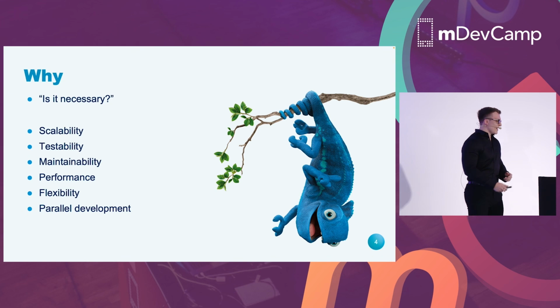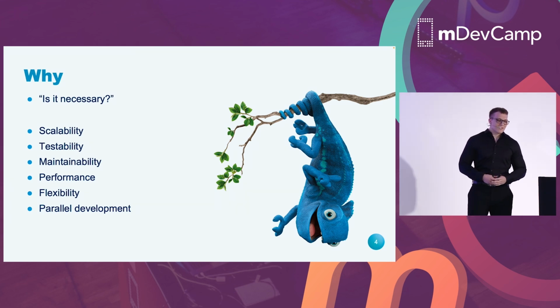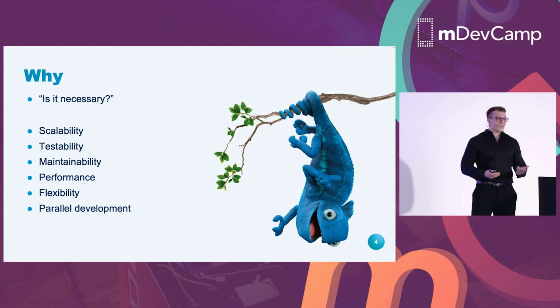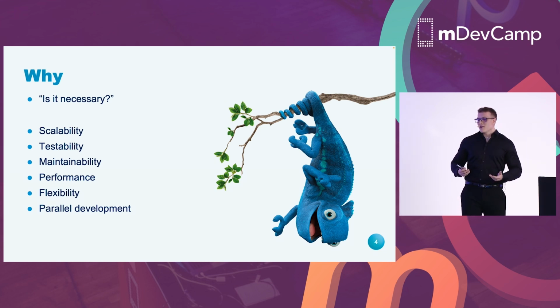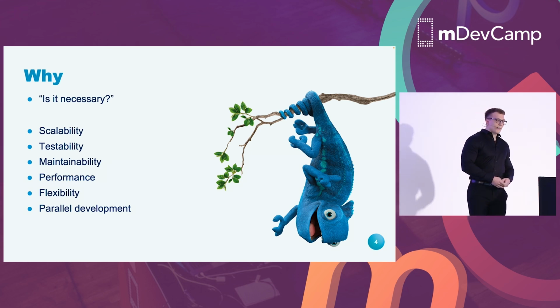Then, why? Is it necessary for iOS development? I know some of you might say, well, in the end, most of the apps are glorified JSON parsers. We don't need architecture, right? Because what matters is what the user sees, right? I don't think that's correct.